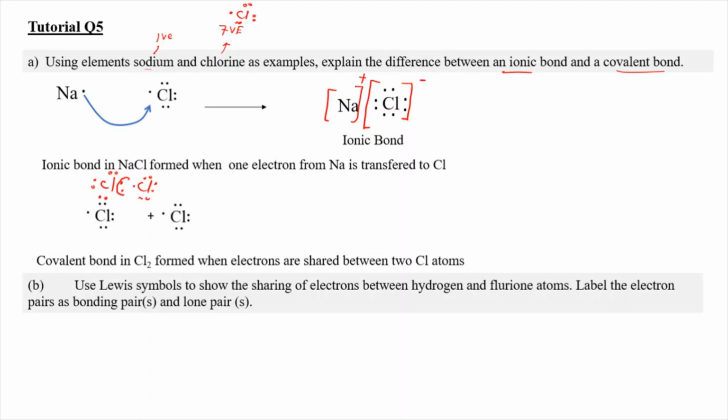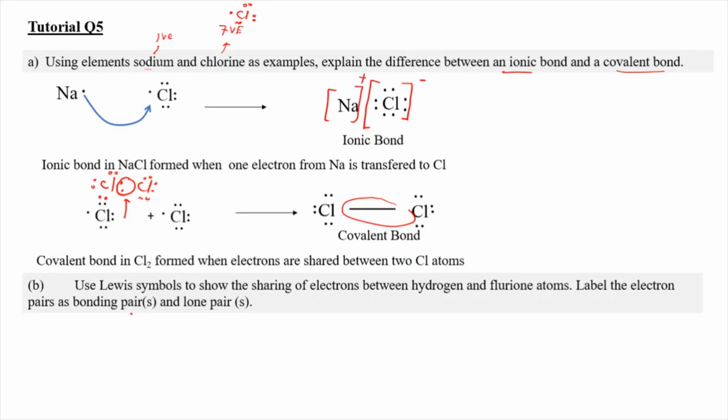Okay, so they need to be close together, and this region of sharing will be created, and this is denoted by a single bond because two electrons here represent a single covalent bond. And this is how a covalent bond can be formed through a sharing of electron from each chlorine atom.